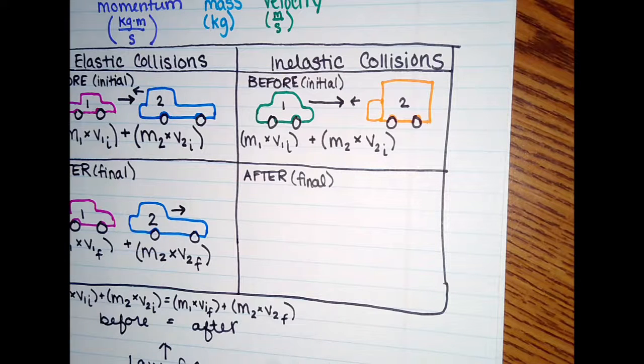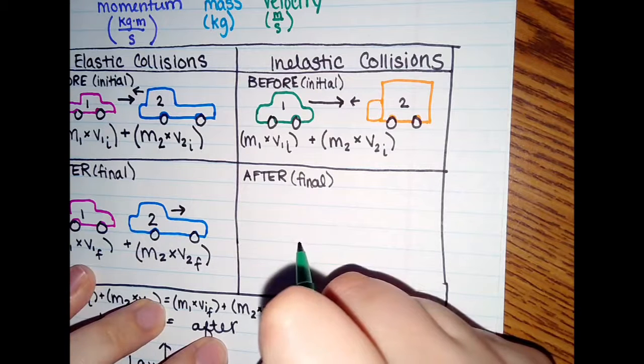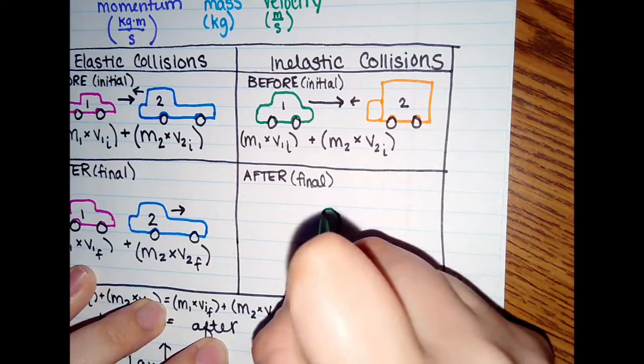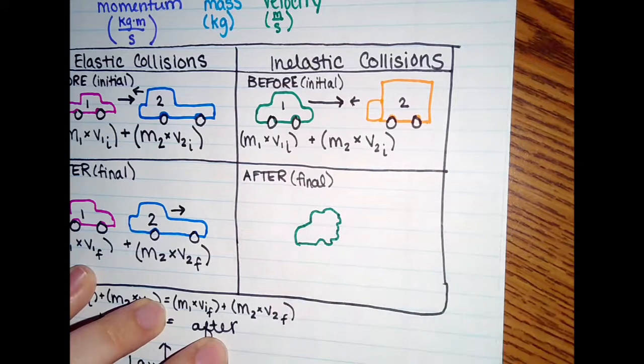Inelastic means not going to bounce off of each other. When these hit, they're going to crumple up and be stuck, attached to each other. Okay, so when I draw my car crumpled up, that's how I'm going to draw that one.